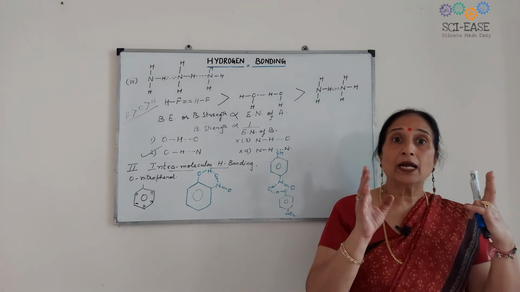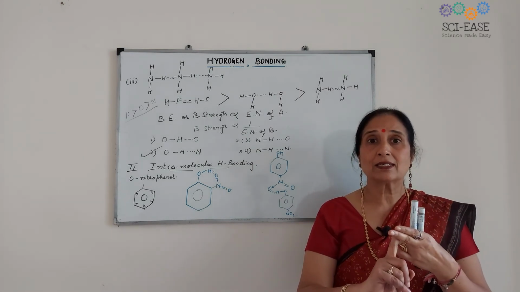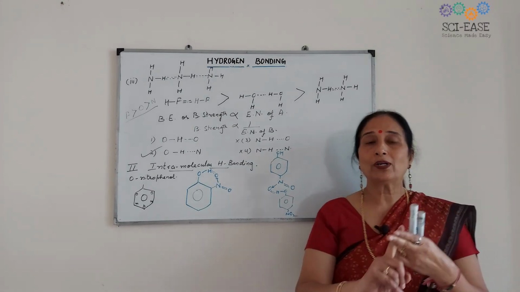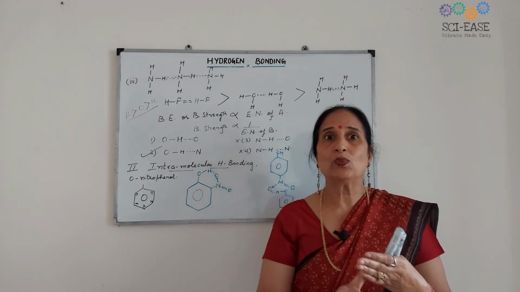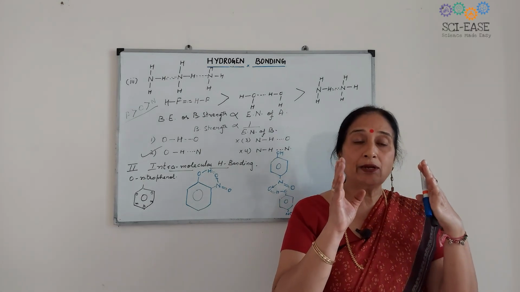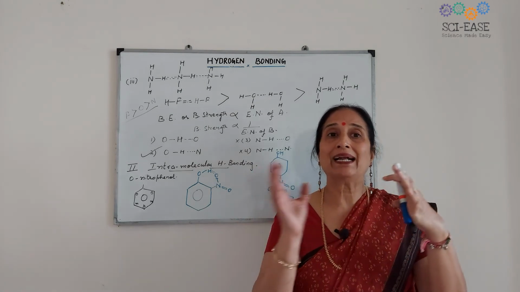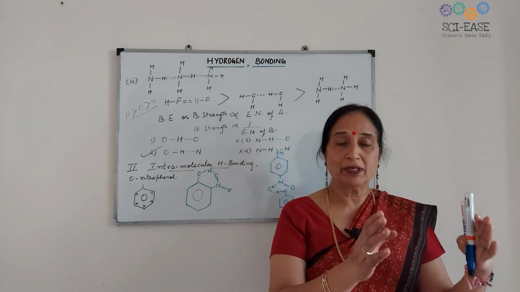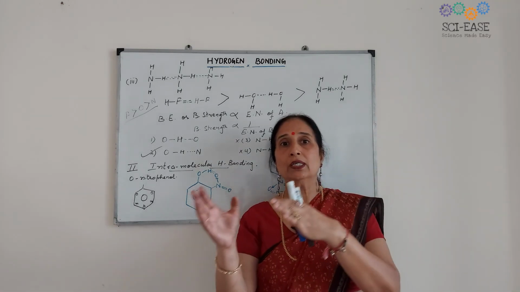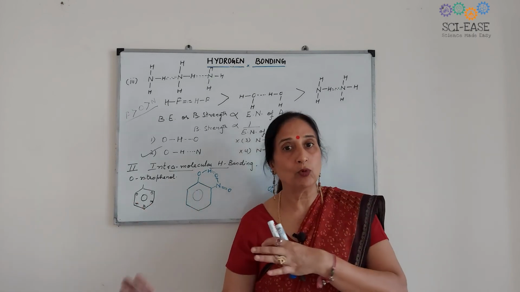In case of intermolecular hydrogen bonding, we have discussed the bonding between HF molecules, between water molecules, and between the ammonia molecules, and in which the bond is stronger, that is HF. Between the molecules of HF, the hydrogen bond is stronger than water. It will be stronger than ammonia.